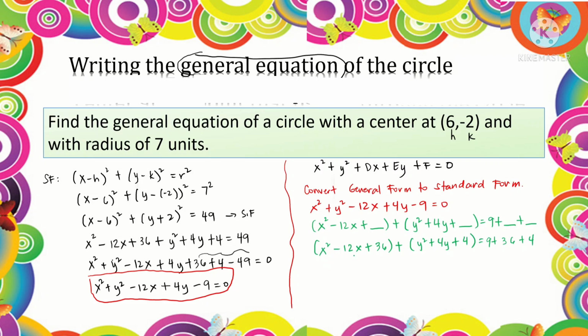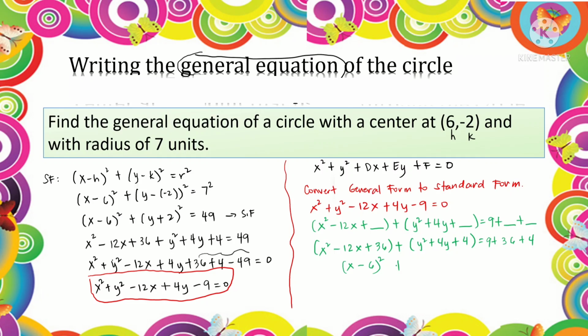So from this trinomial, let's convert it to its equivalent binomial square. We have here x minus 6 to the power of 2. Since x times x is x squared, negative 6 squared is positive 36, and the middle term is the product of 2 times x times negative 6, negative 12x.